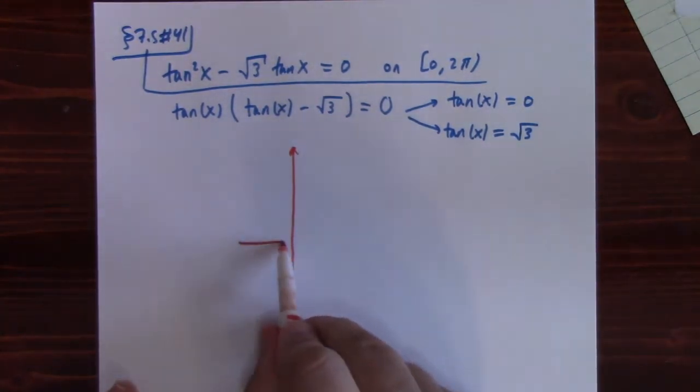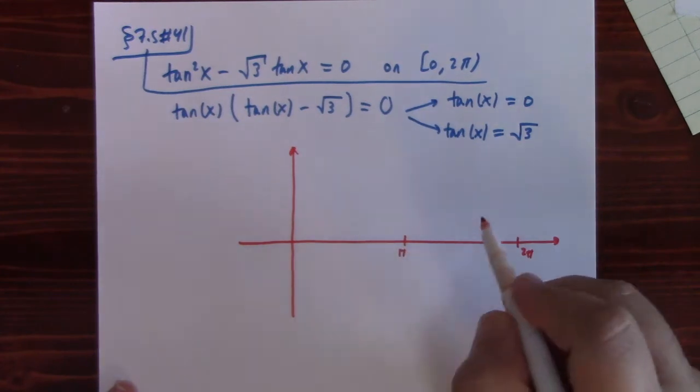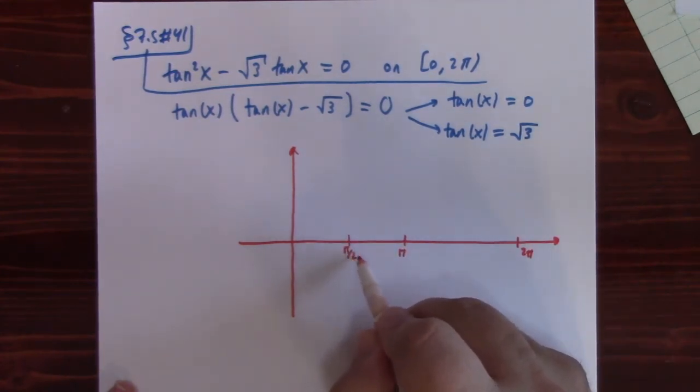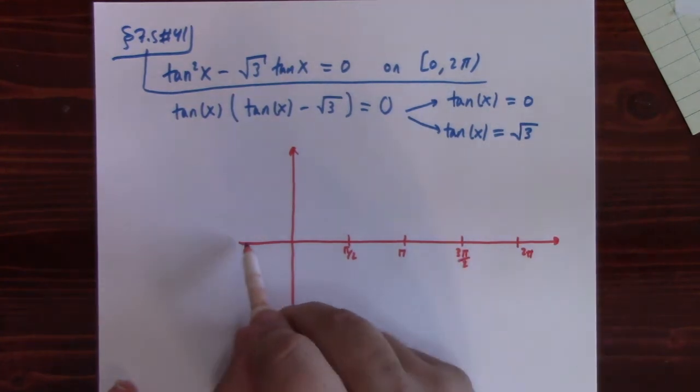Alright. So here's my 2 pi, here's my pi, here's my pi over 2, here's my 3 pi over 2, and for the sake of symmetry, minus pi over 2.